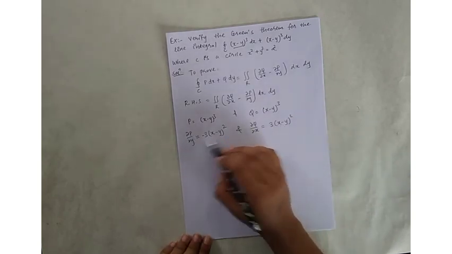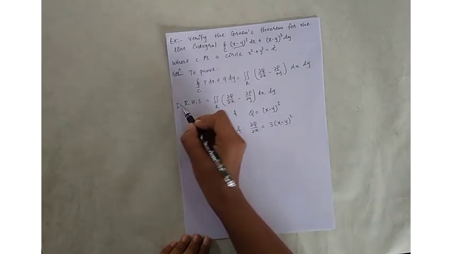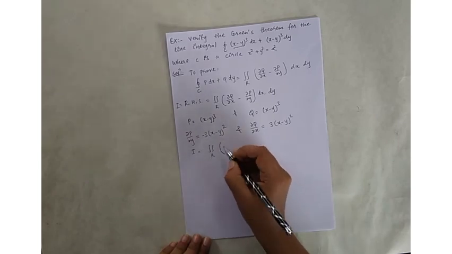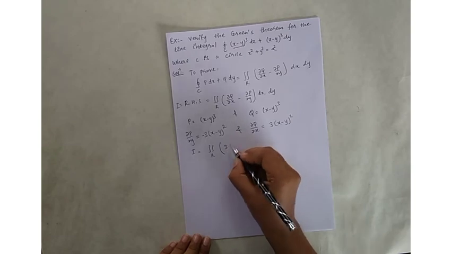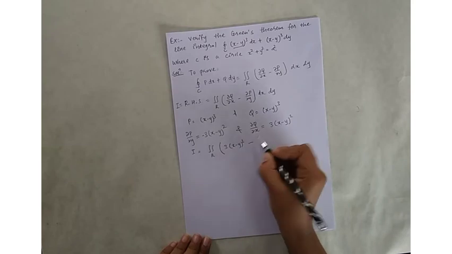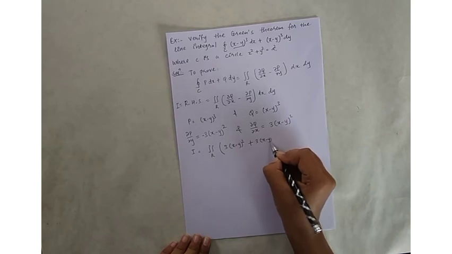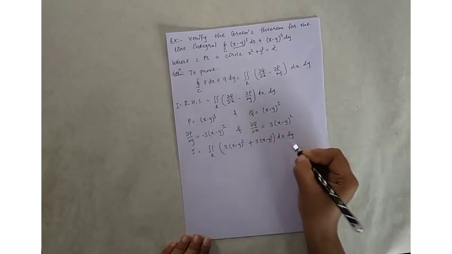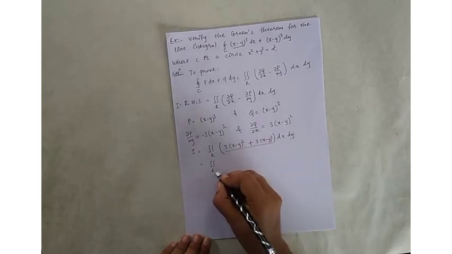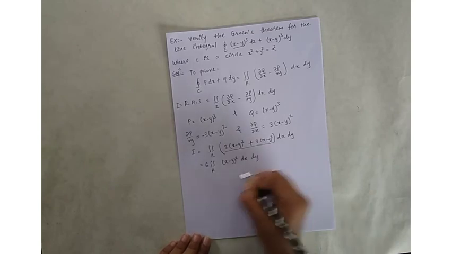Now put the values of these two terms here. Suppose I call it I. So I is equal to double integration over R of 3 into (x minus y) whole square, minus and minus, minus becomes plus, 3 into (x minus y) whole square dx dy. So it is equal to double integration over the region R of 6 (x minus y) whole square dx dy.